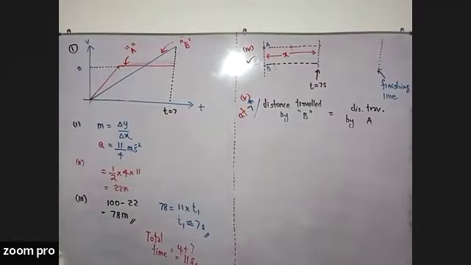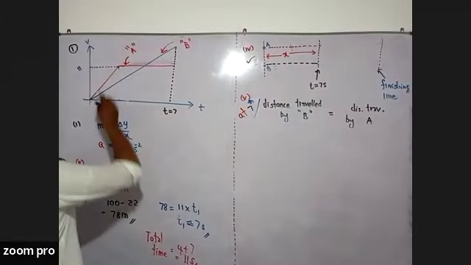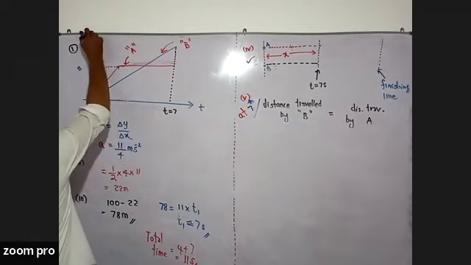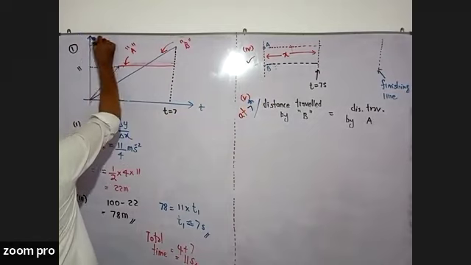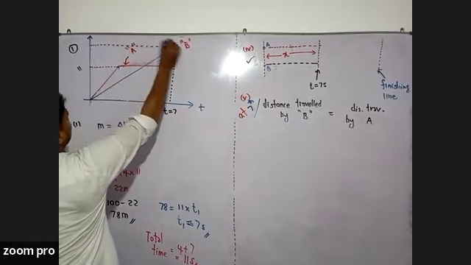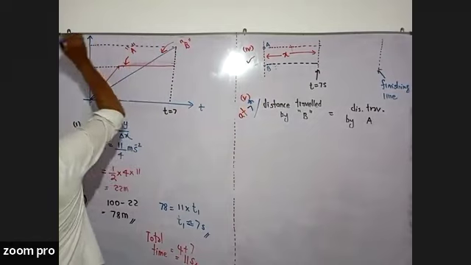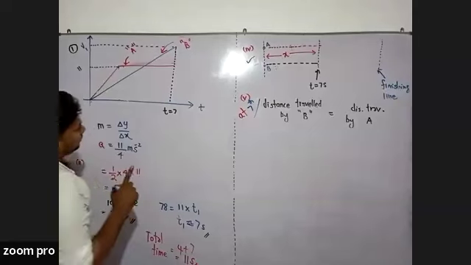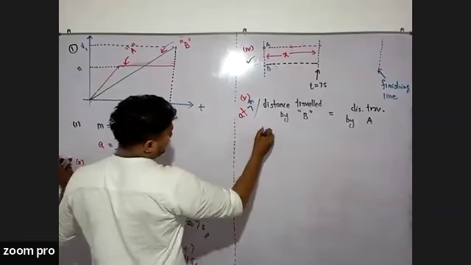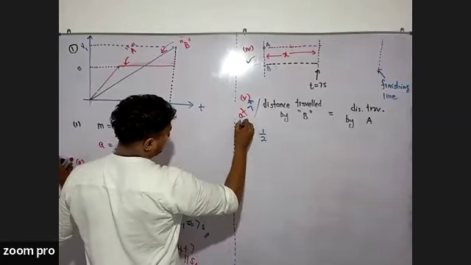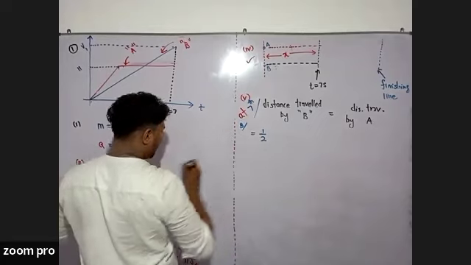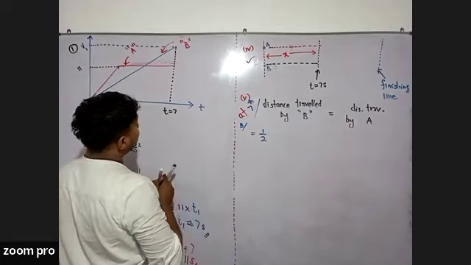But now, if you want to obtain it, let's assume the velocity at this point of B person as V1, right? If we apply an equation for B, this is the way that we can obtain the distance.